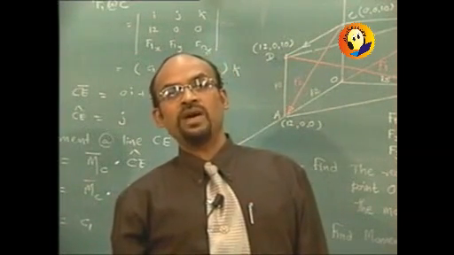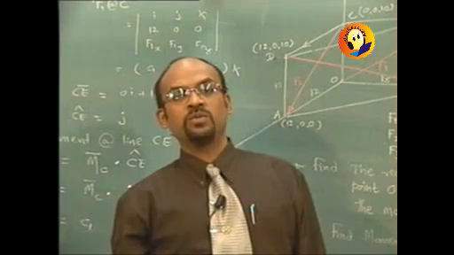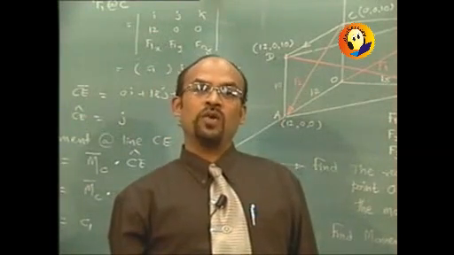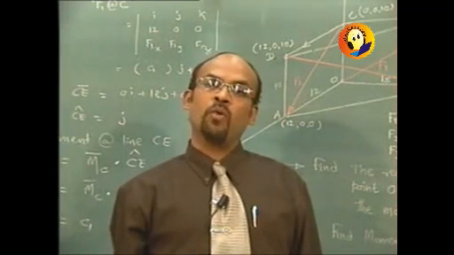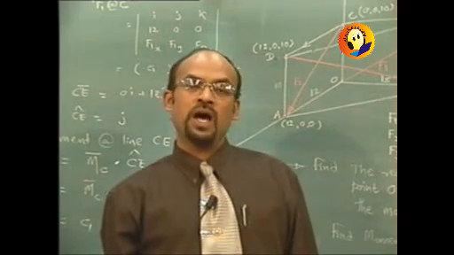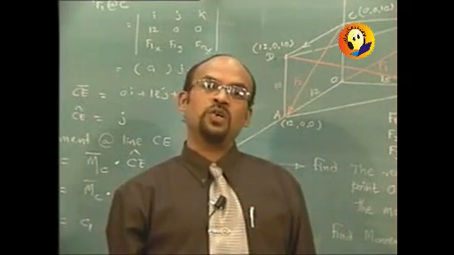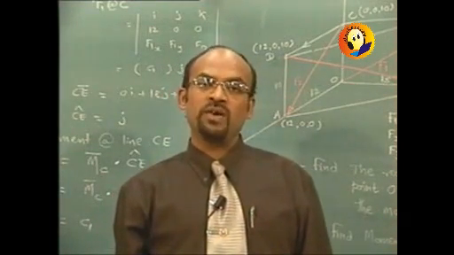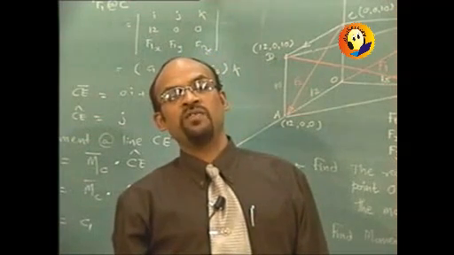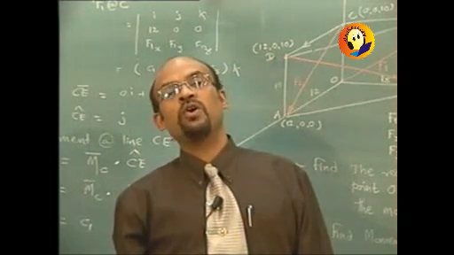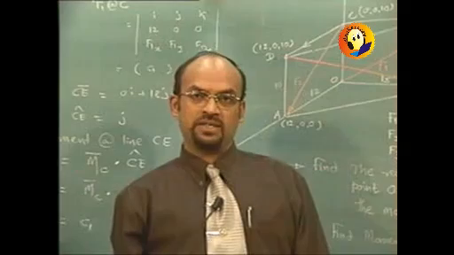So in the moment vector that we have found in terms of i, j, k, the coefficient of i is nothing but the moment of that particular force about the x-axis. The coefficient of j is the moment of the force about the y-axis, and the coefficient of k is the moment of the force about the z-axis.